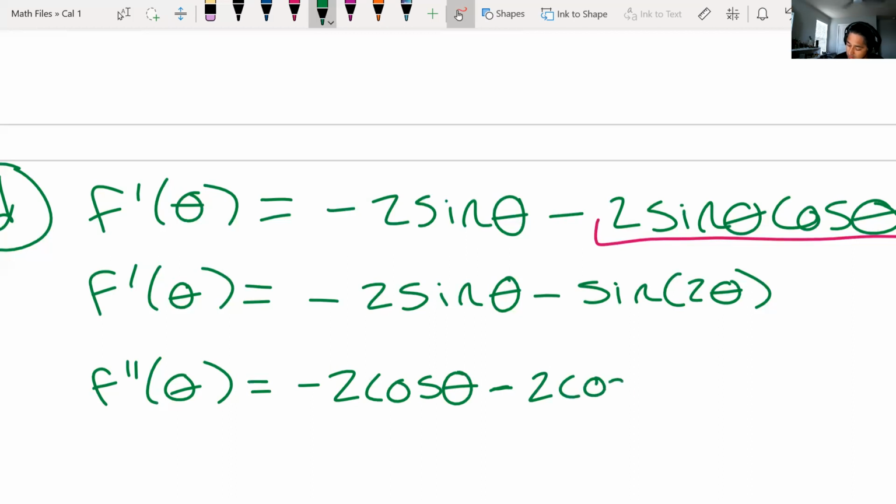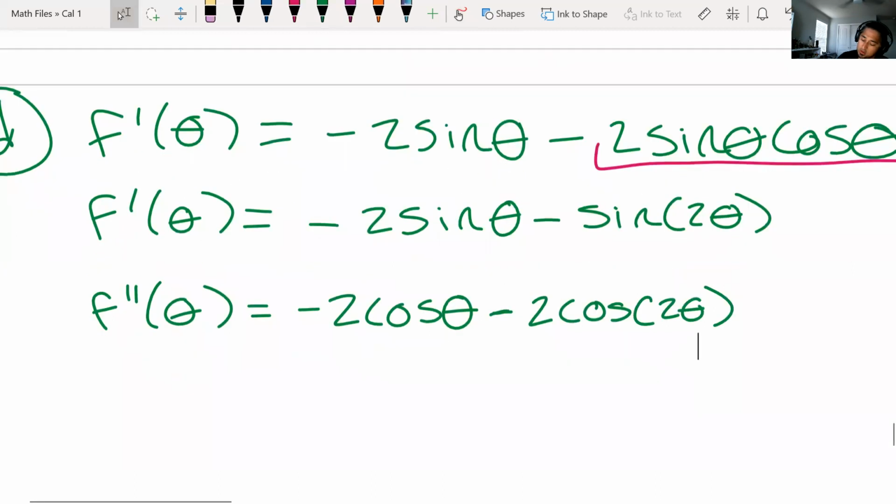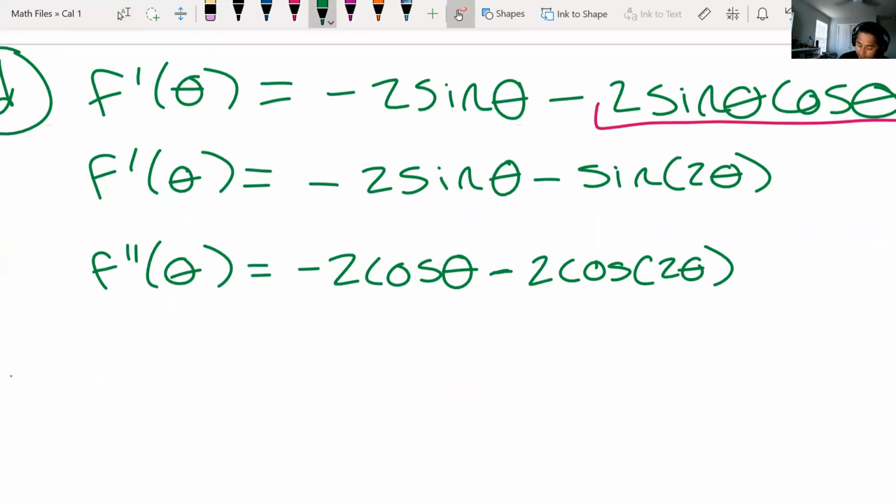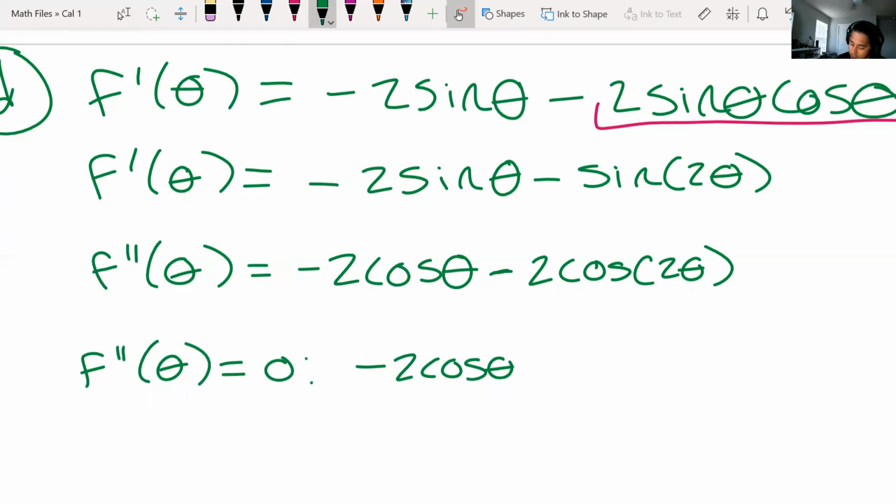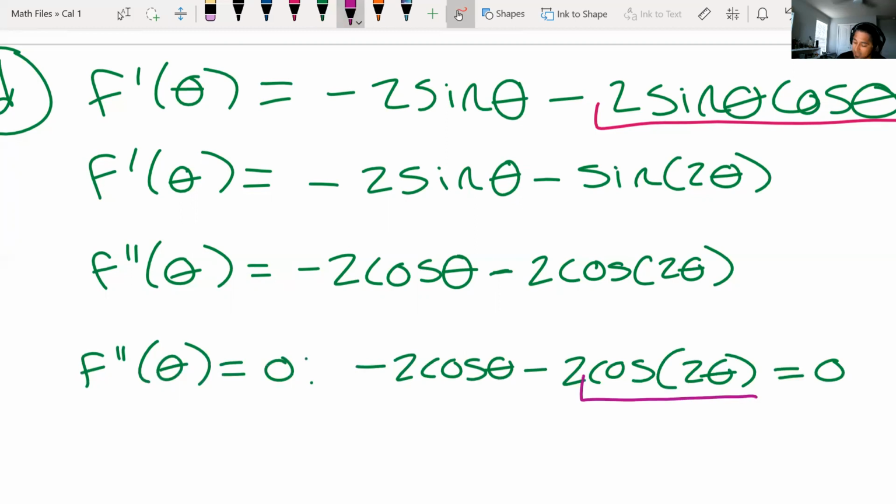Good. 2 cosine 2 theta. Okay. Now, set it equal to 0. -2 cosine theta minus 2 cosine 2 theta equal to 0. But we can't move further until we fix this guy.